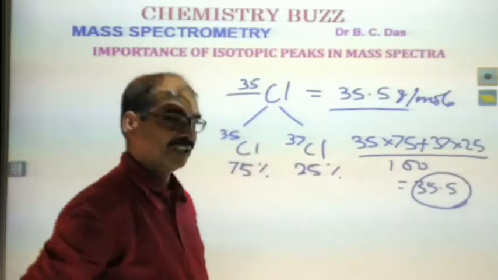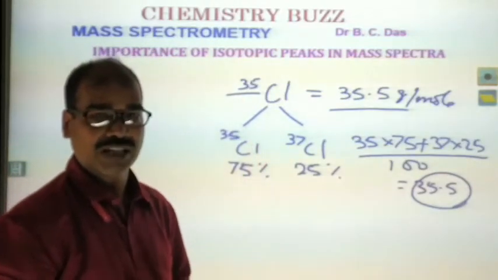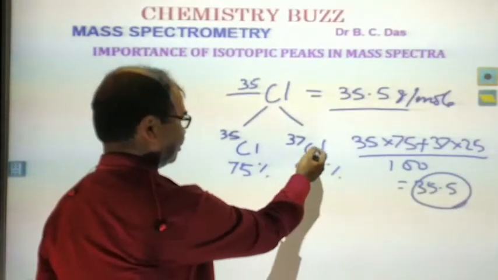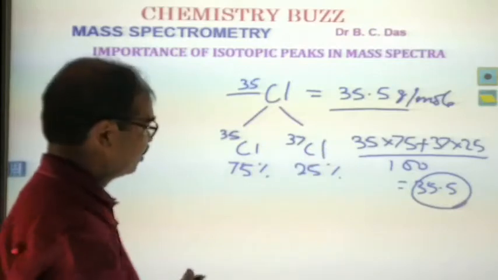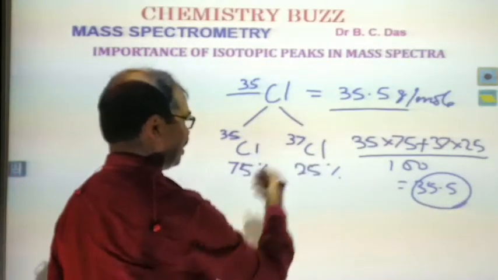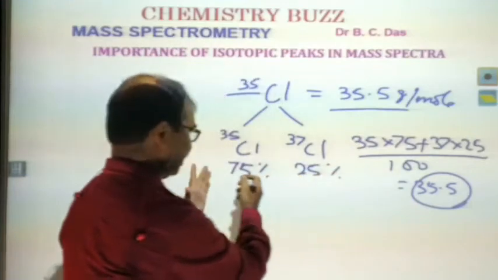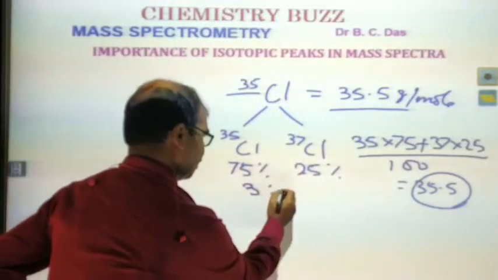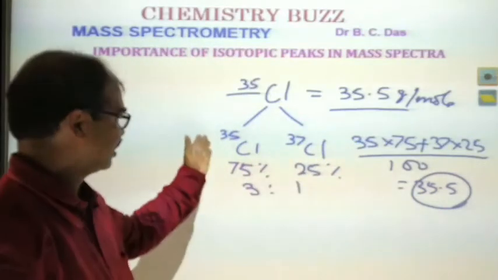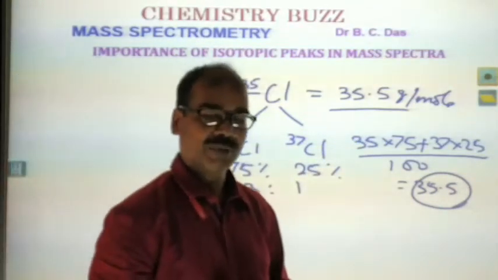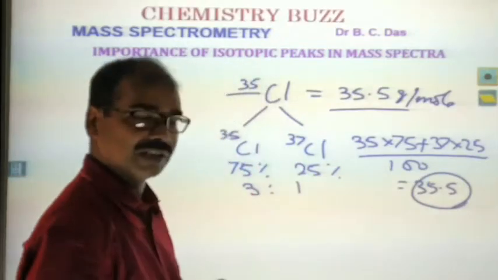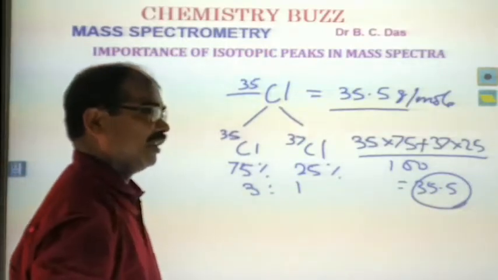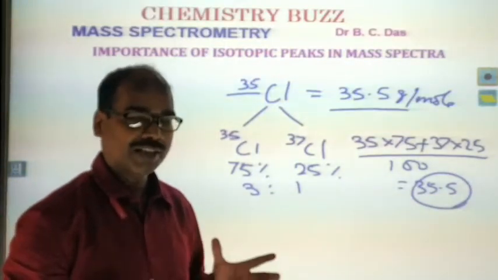But this is the mass number, the sum of neutrons and protons, and when the number of neutrons becomes different, it becomes an isotope. So chlorine has two isotopes, and their natural abundance is in the ratio 3:1, or 75% Cl35 and 25% Cl37. But we have to consider the relative abundance.